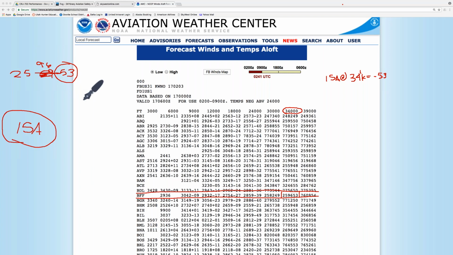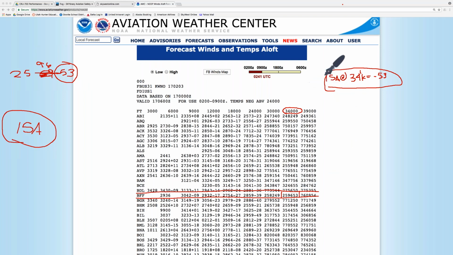Well, I'm kind of confused because you said that the ISA is 0, but isn't it -53? No. ISA is -53 degrees. ISA deviation is 0 degrees. We are 0 degrees deviated from ISA. At altitude, we're at -53.